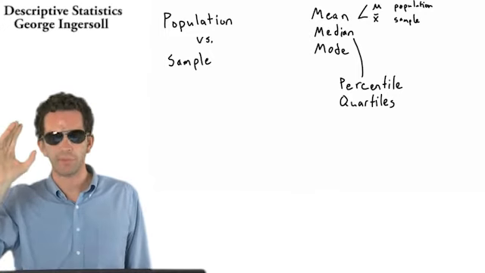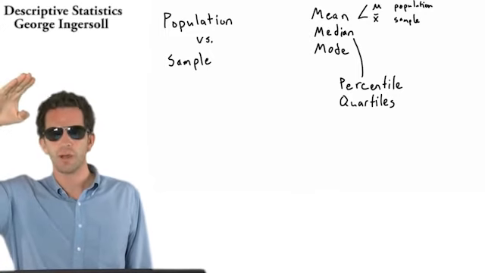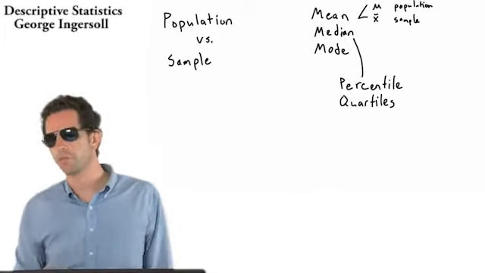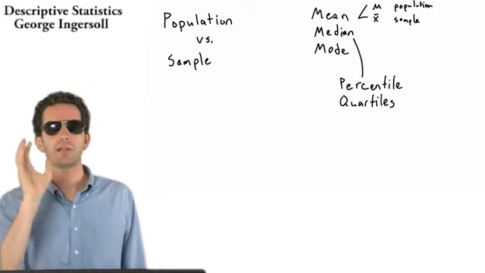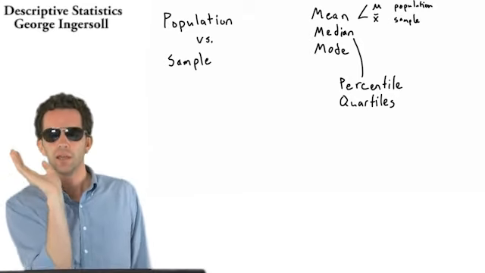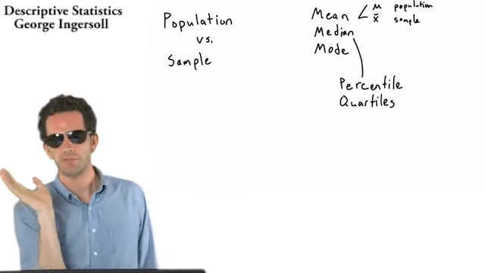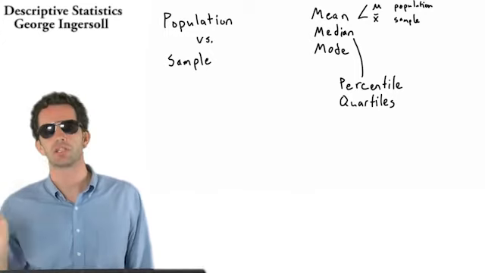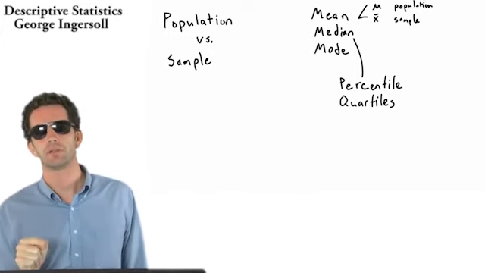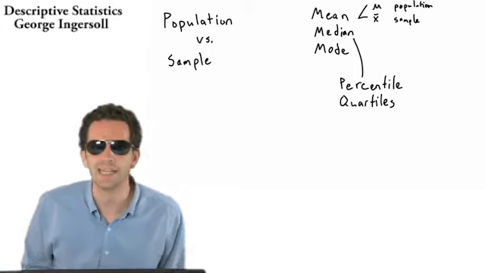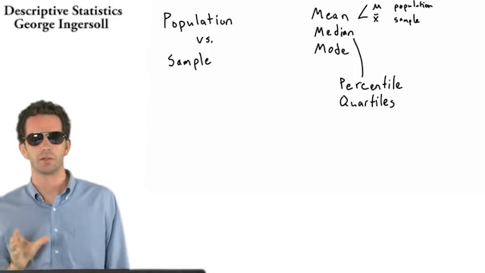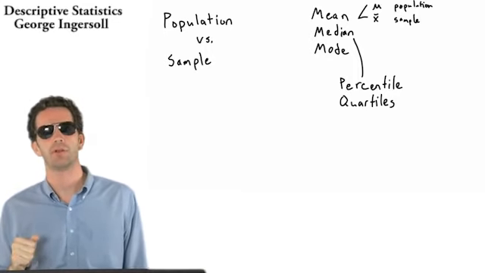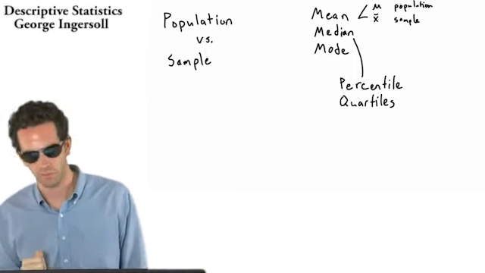Like with the median, if you took all the results and lined them up from smallest to largest, you could say the 5th percentile. The 5th percentile is a value such that 5% of all your results are smaller than that result. So if you scored in the 99th percentile on your SAT, that would mean that 99% of people scored below you. That would be very good. Congratulations.